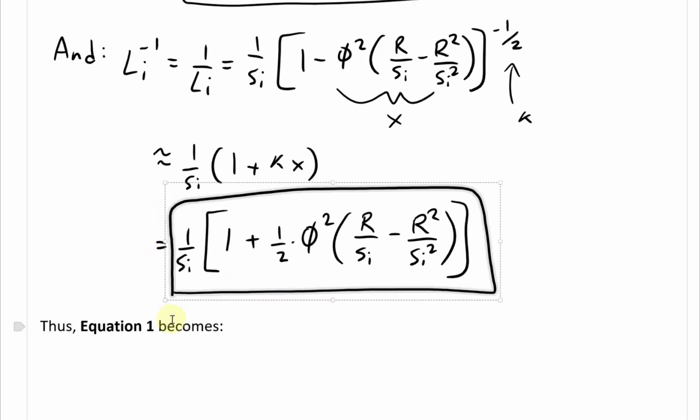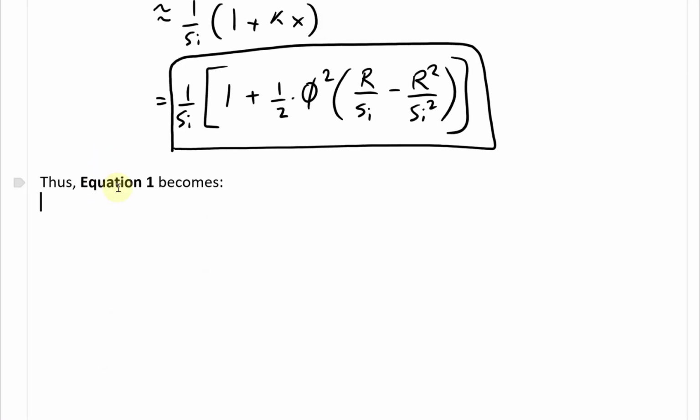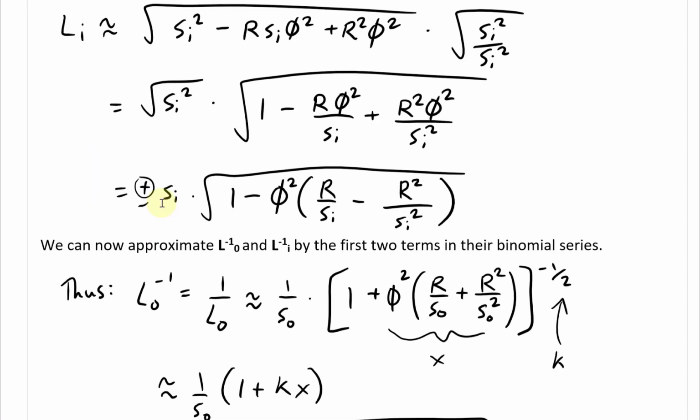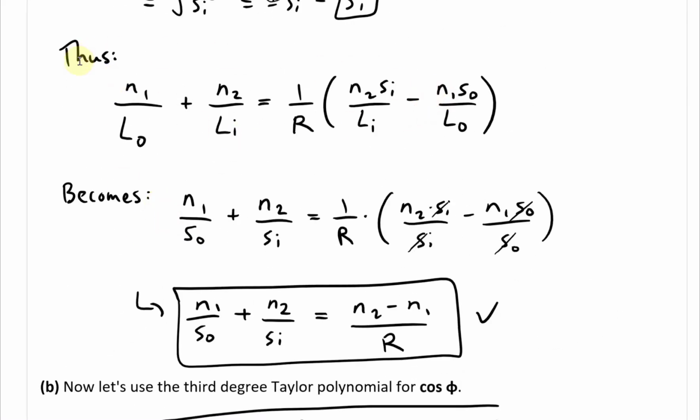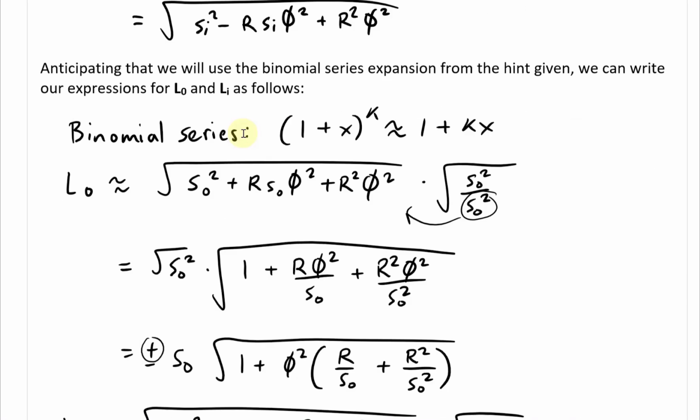We have all this, and now let's put this all into equation 1. Let's write equation 1 first, which was n1 over L naught plus n2 over Li equals 1 over R times n2 Si over Li minus n1 S naught over L naught. So let's just jump right in.